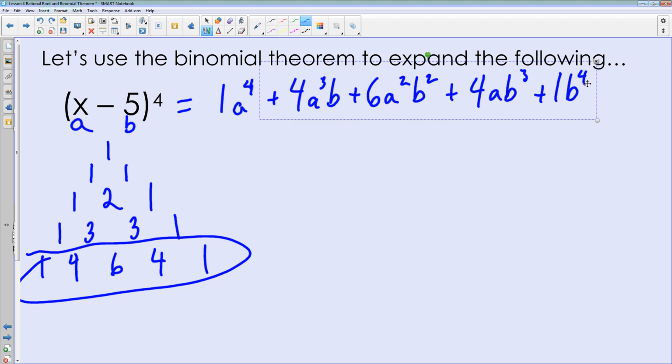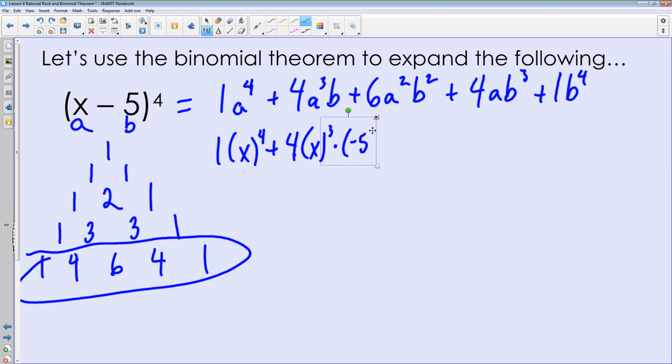All right. So 1 and then a to the 4th, so that's going to be x to the 4th. And then 4, and then it's going to be x cubed, and then negative 5.